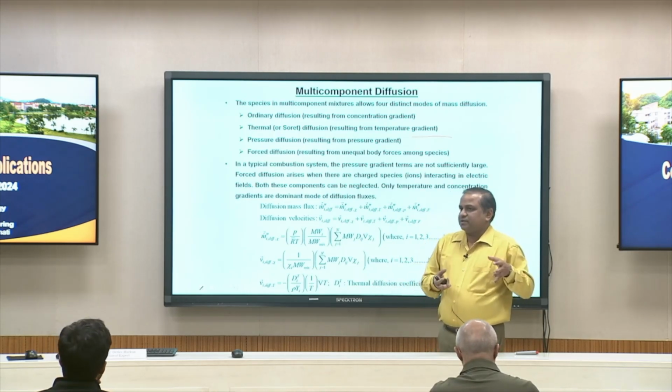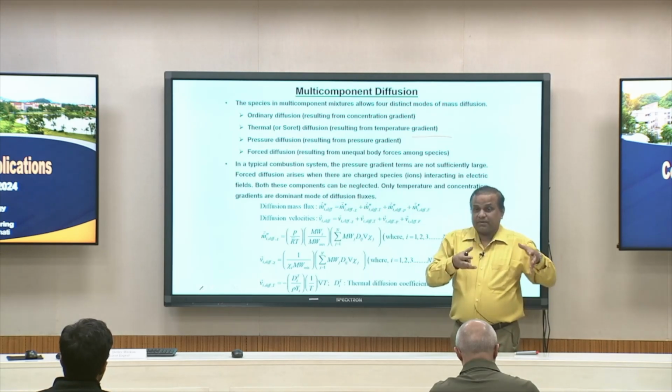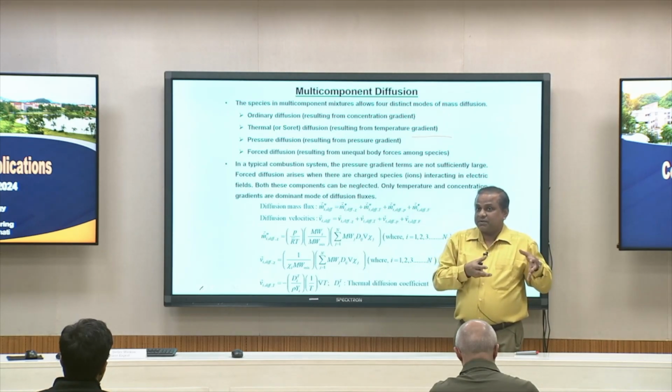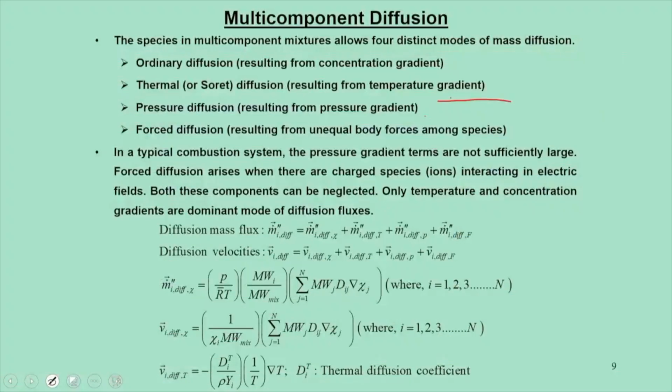It assumes that this hot plasma acts as a kind of separate body force that drives the reaction. When both pressure and temperature effects are included, that results in the forced diffusion equation. That is the reason it says there are unequal forces among species.